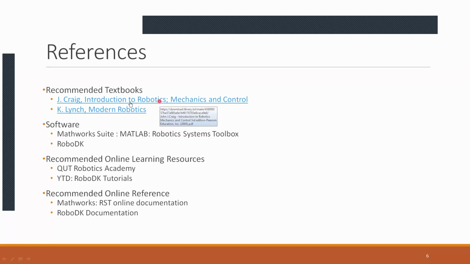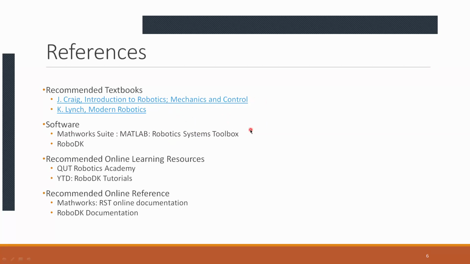However, I've also found this other textbook called Introduction to Robotics: Mechanics and Control, written by a person called Craig, to be very descriptive on the mathematics required to describe problems and solve problems. So it is simpler than the Modern Robotics book, and I'll be using content from the first book in my lecture, so it will be easier for me to describe and easier for you to understand.